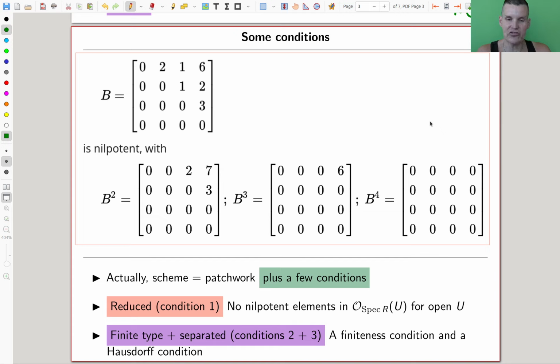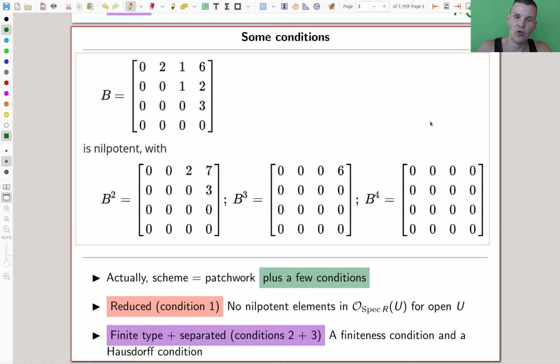And the natural conditions are the following. Finite type is essentially a finiteness condition on the cover. So maybe you want to be coverable by finitely many pieces, something like that. Separated is a Hausdorff type condition. You can separate points in a certain sense. And reduced is maybe the most important one.